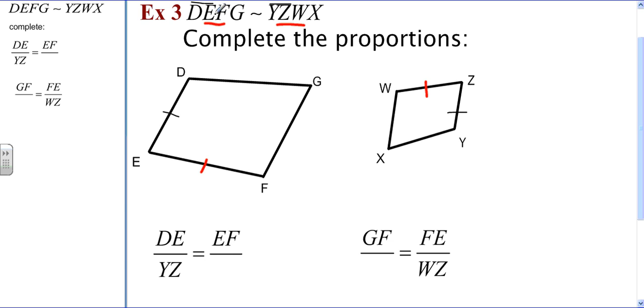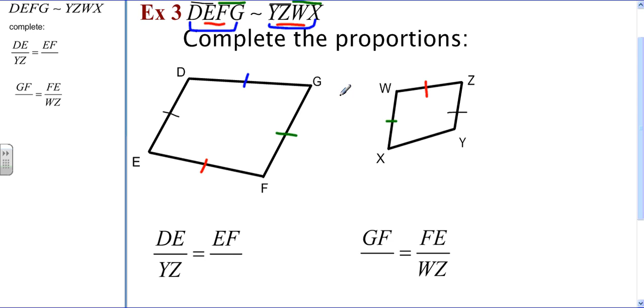And then FG is congruent to WX. So FG is here, WX is here, and then the last one, FG, is going to be similar to WX. Oh wait, we already did that one. Just kidding. The last one would be DG and YX.